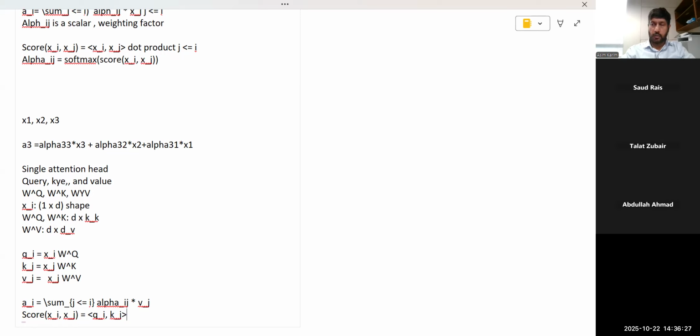Of course in this formulation, as is the usual practice, we normalize this dot product by the square root of dk. dk by the way is a scalar, so the square root of dk would divide every value of this score, for all j less than or equal to i.